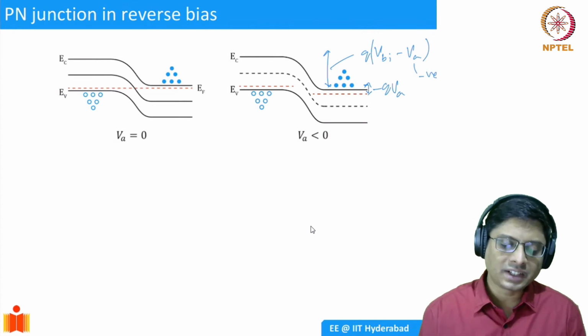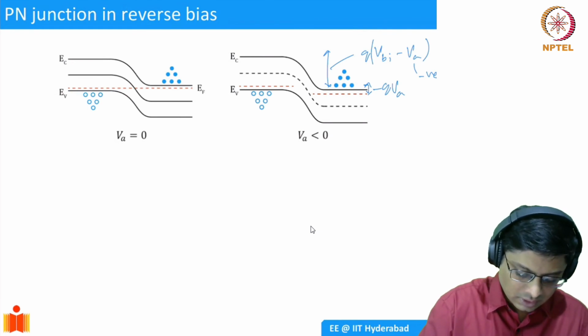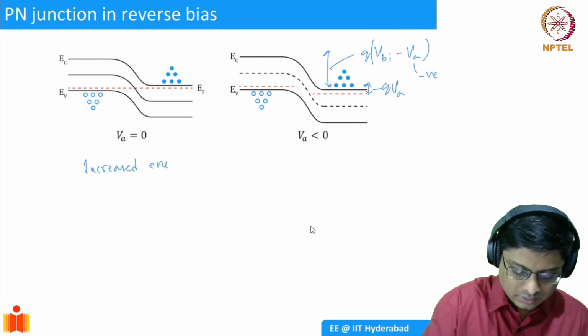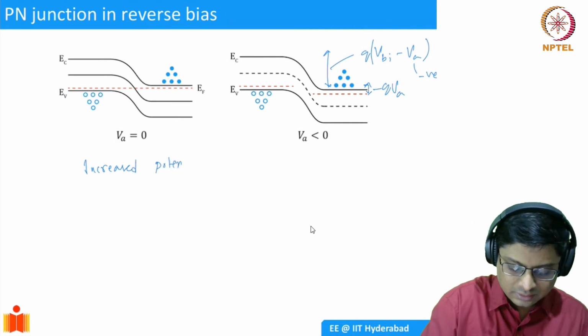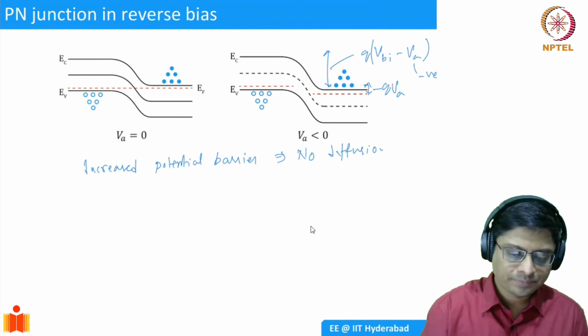So if the barrier has increased in height, no diffusion, right? Increased energy barrier or increased potential barrier, both are the same actually. Barrier implies no diffusion. Okay.